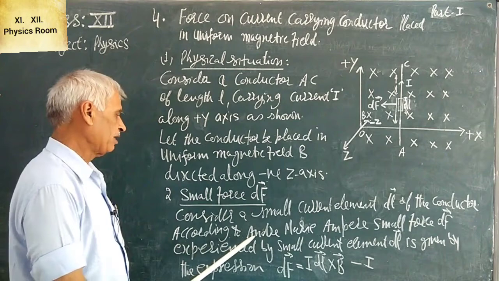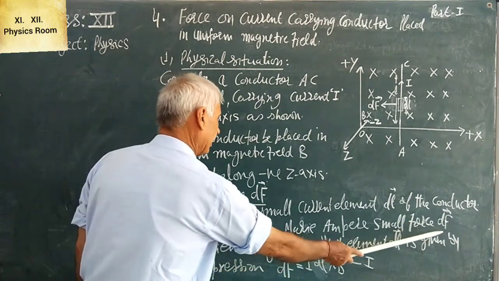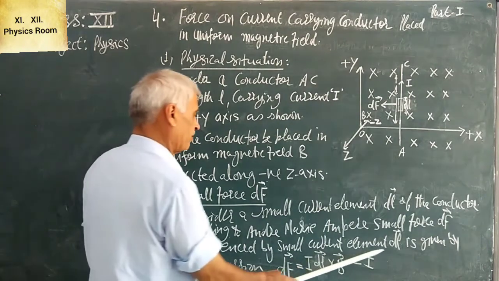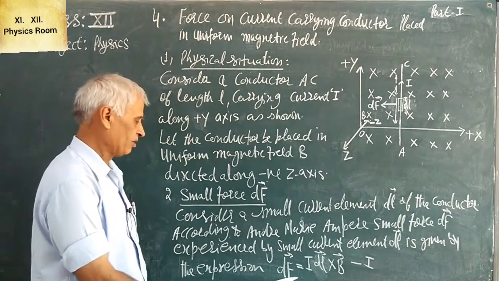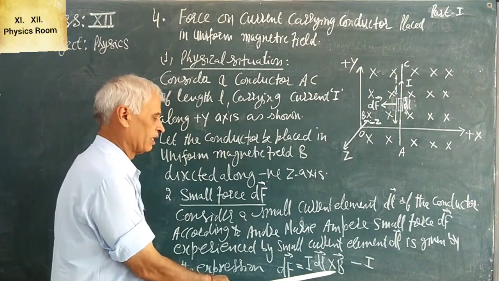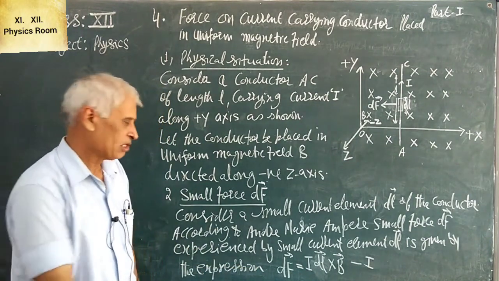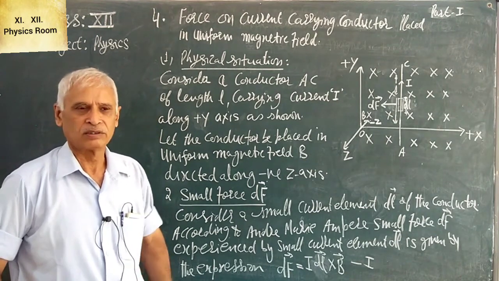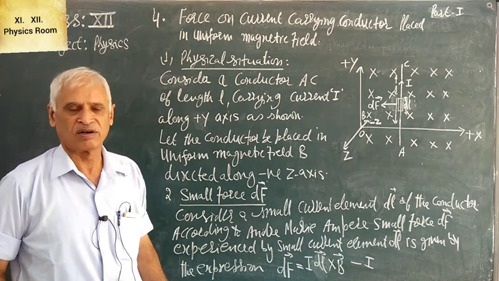According to André-Marie Ampere, the small force dF experienced by the small current element dl is given by the expression dF equals I dl cross B. Let us mark it as equation 1. Now this is a vectorial expression and we are to find the magnitude of this force as well as its direction.